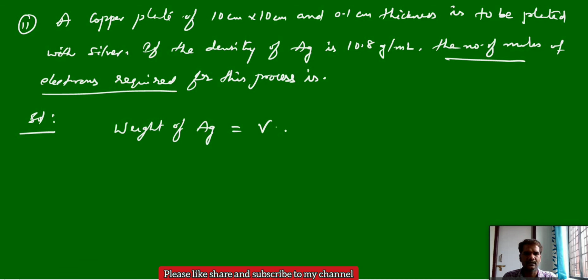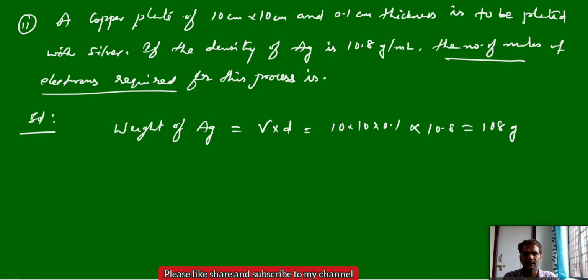You calculate volume into density. The volume is 10 into 10 into 0.1, and the density is 10.8. So that gives 108 grams.